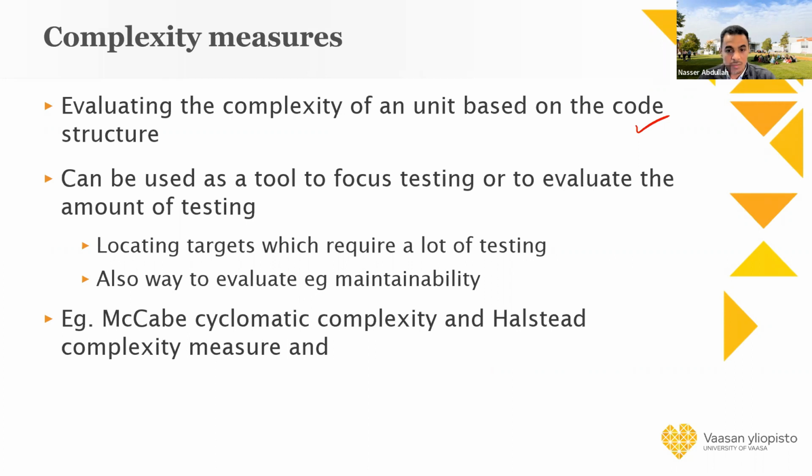For example, if you have many methods and you calculate the complexity of each, you will find some methods have more complexity than others. What you have to do is focus more on those. This is the relation between the amount of testing and the complexity.